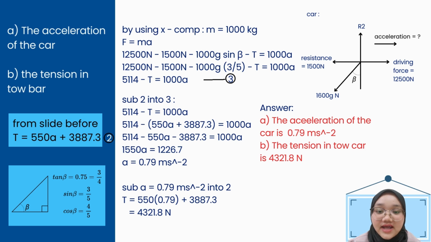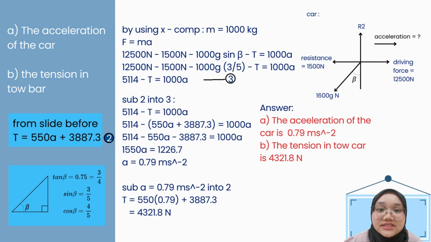And then we can get T equals 4,321.8 Newton. So the final answer: A, the acceleration of the car is 0.79 meters per second squared. B, the tension in the tow bar is 4,321.8 Newton.